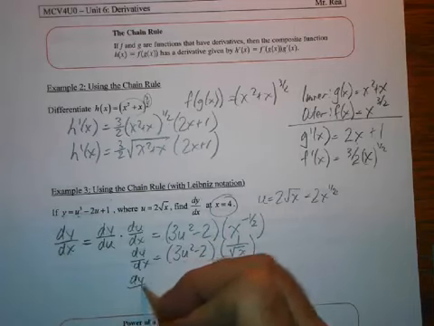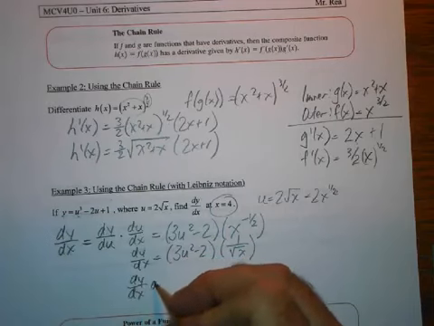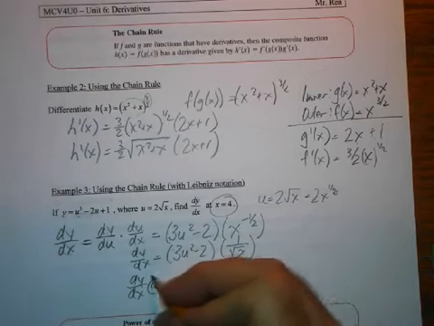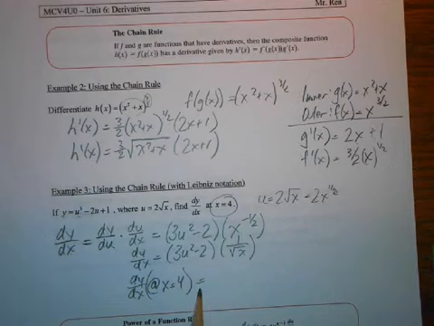So dy by dx at x equals 4 is equal to, and so one thing we have to do here, what do we do with the u here, because what do I plug in for u?